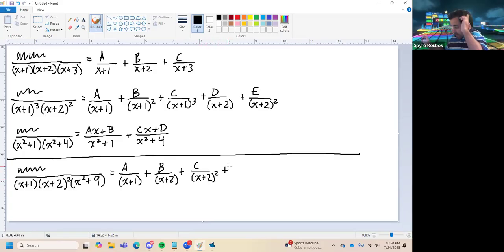And then finally, for the x squared plus 9, since it's an imaginary quadratic, we have to follow that rule.